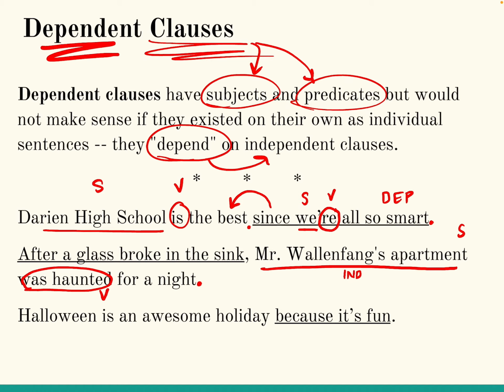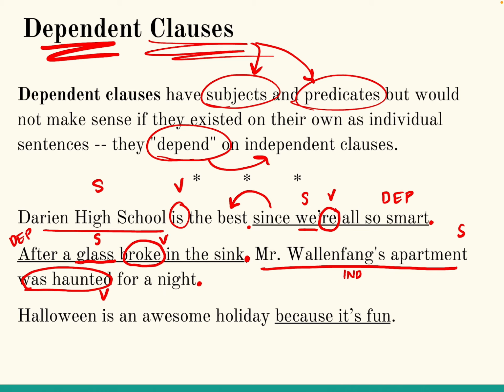After a glass broke in the sink. Glass, subject, broke, predicate verb. But if I try to put a period right here, after a glass broke in the sink, it doesn't make sense. It's missing something, and you know it's missing something while you're waiting for, so what happened? That's where the independent clause comes in. So this is a dependent clause.